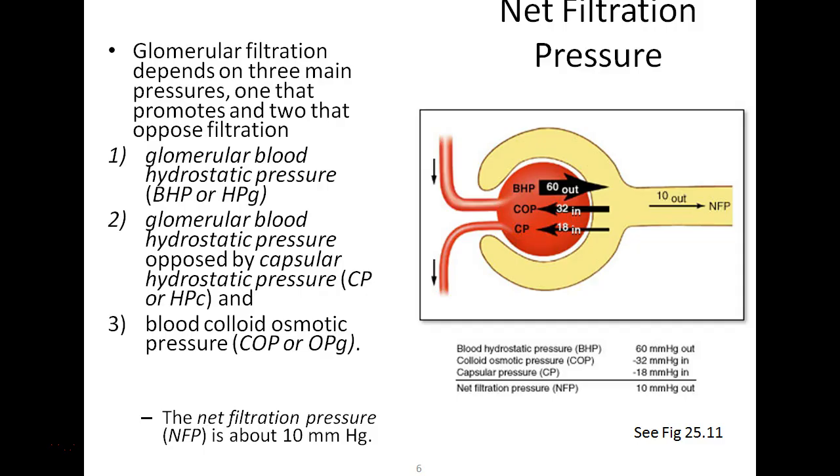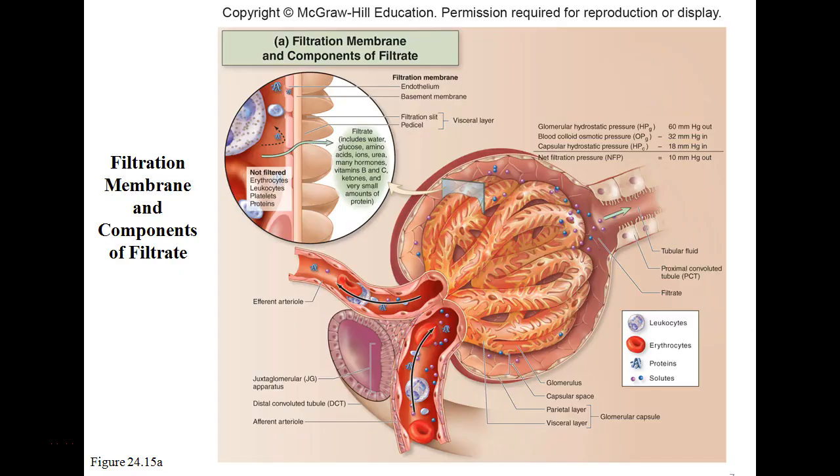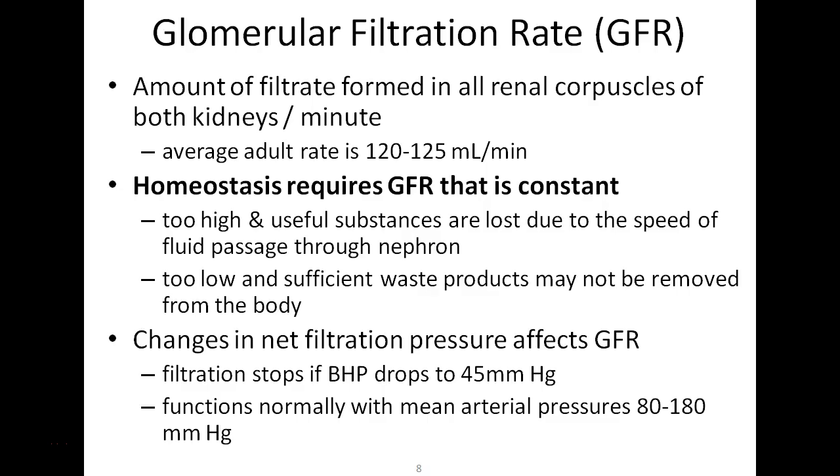What happens then is this net filtration pressure then leads to a GFR, a glomerular filtration rate. So this rate is going to be called the rate at which the volume of filtrate is formed. And we're going to express that as a volume per unit of time.